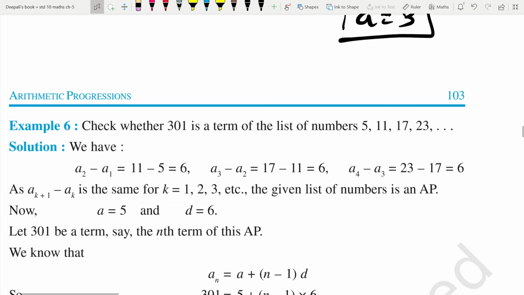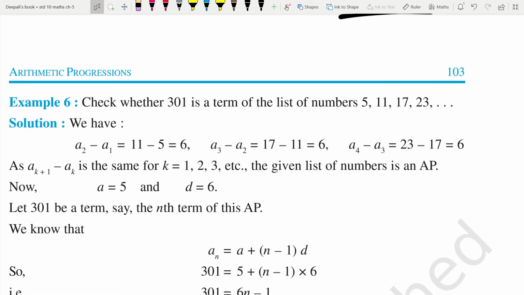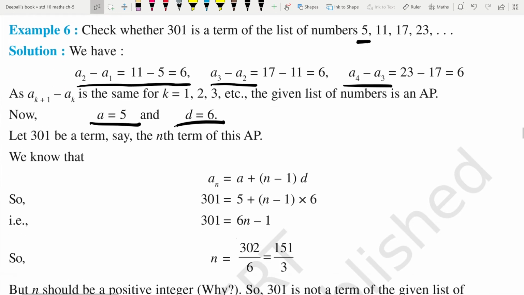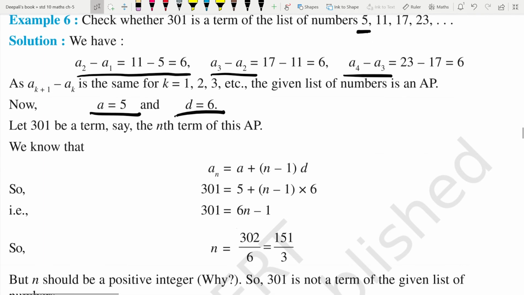Now check whether 301 is a term of the list of numbers 5, 11, 17, 23. Now I know that A is equal to 5, and D I can find by using the formula A2 minus A1, A3 minus A2, A4 minus A3, that is 6. Now let us replace the values in An is equal to A plus n minus 1 D. 301 will be my An.